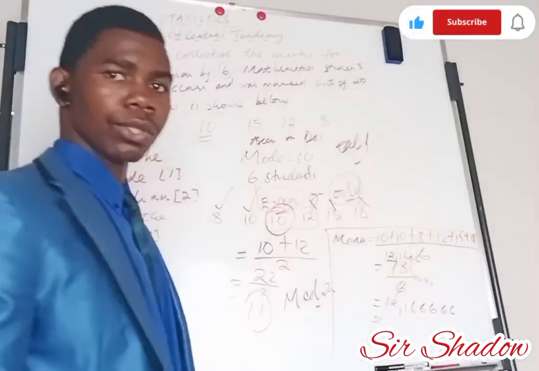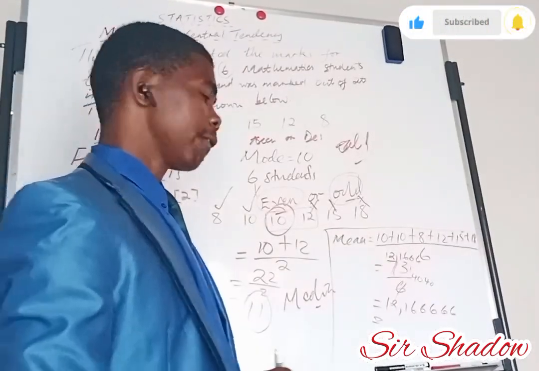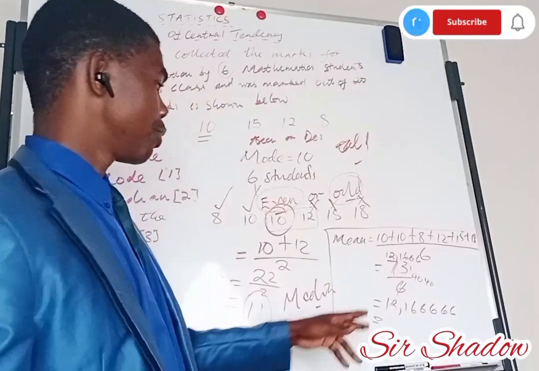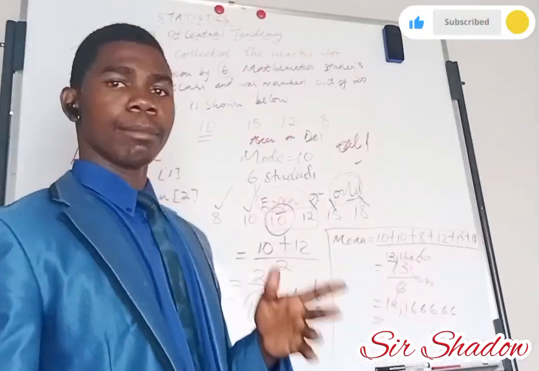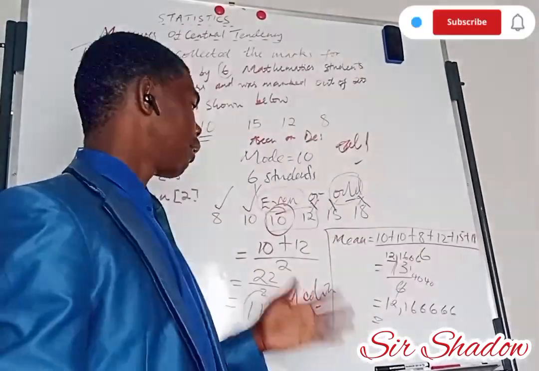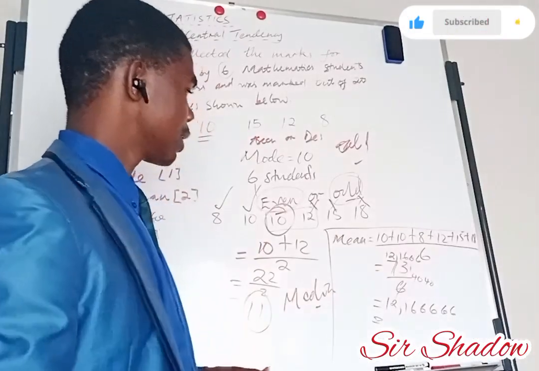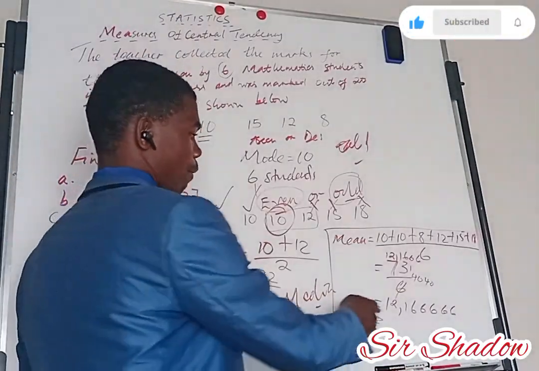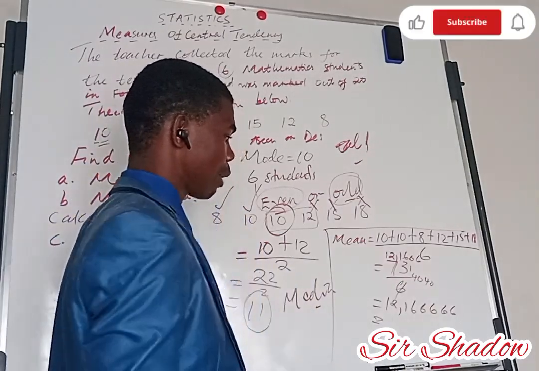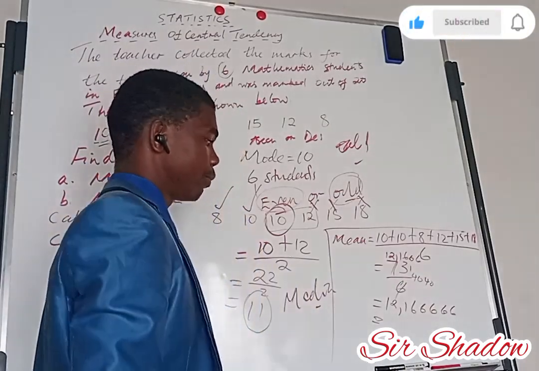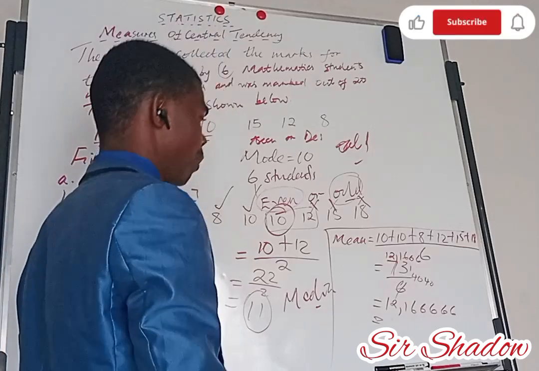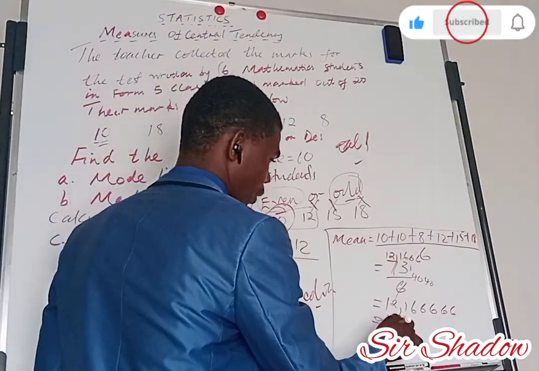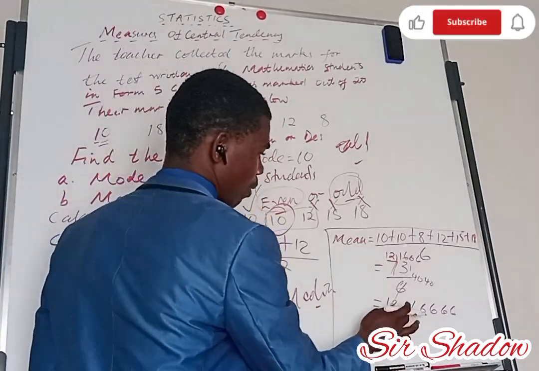If you are not asked to round to the nearest significant figure or decimal place, please use your own, but you have to indicate. So from this data, I have to round to the nearest 2 decimal places. I count 1, 2.